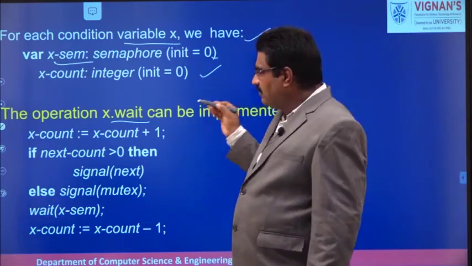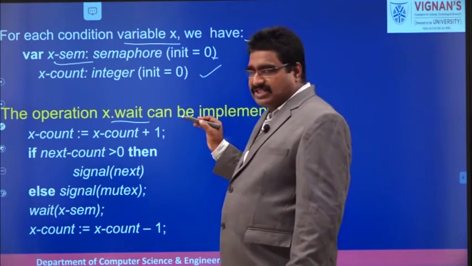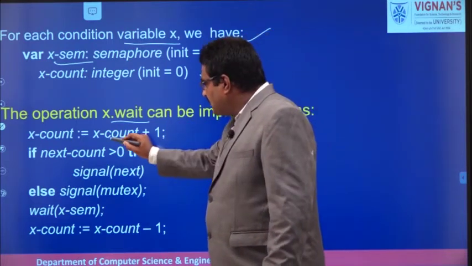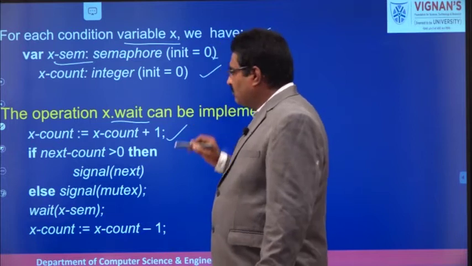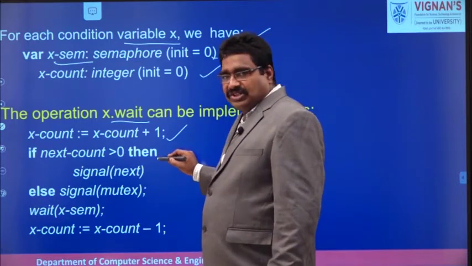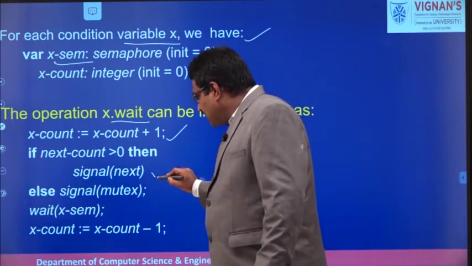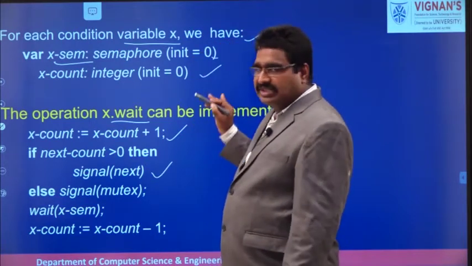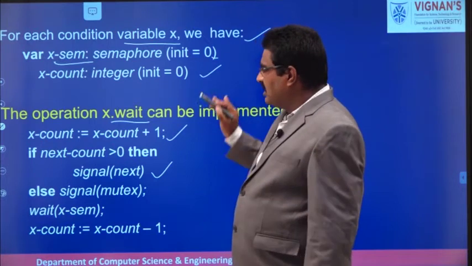For example, when any process calls the x.wait function, immediately the x count value is increased by 1, and next it verifies if next count is greater than 0, then it signals next. Already we know that next count is an integer variable, initially 0.